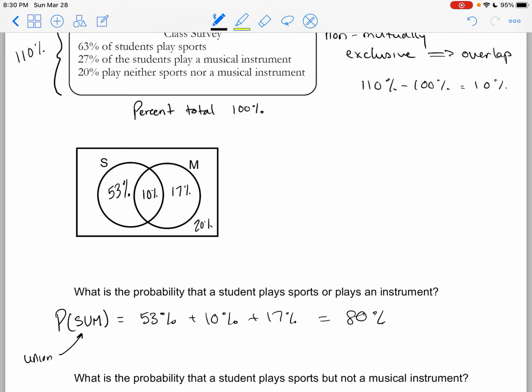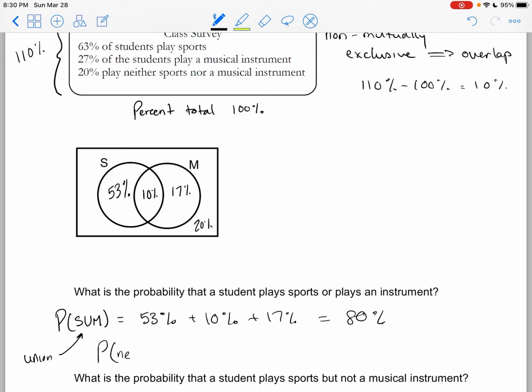Now, there was perhaps a quicker way of doing this, because you saw here that 20% don't play either. So we could have said that the complement of that union, it's the probability that they play neither, right?